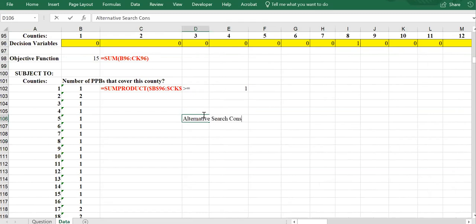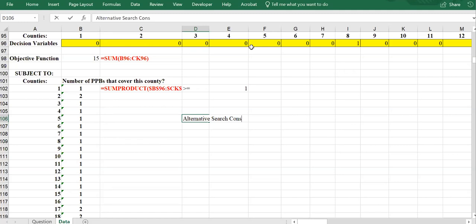When we're working with binary optimization, there is a trick for finding the alternative optimal solutions, and it's guaranteed to work, 100%. It's going to give you an alternative optimal solution if there is any, or the second best answer, if all your decision variables are binary, which is the case for our problem.